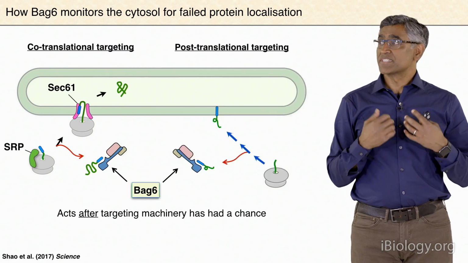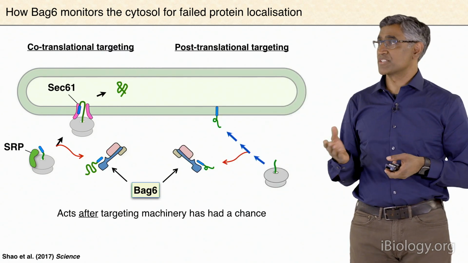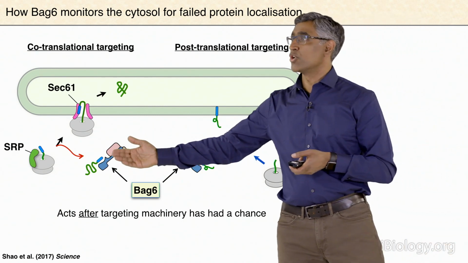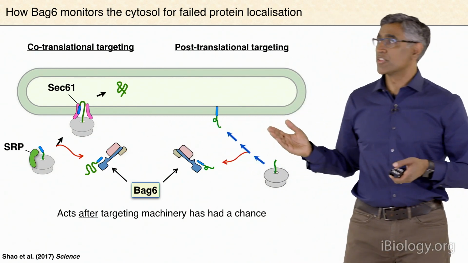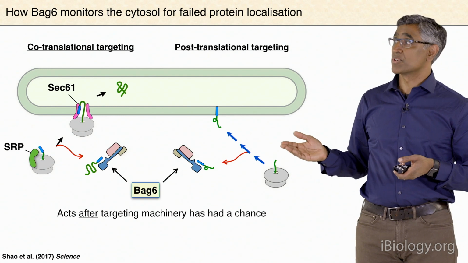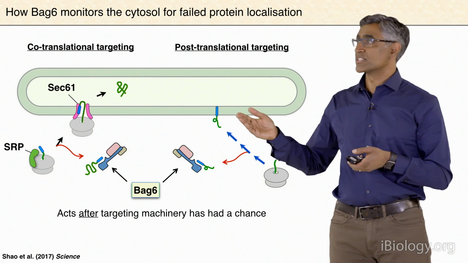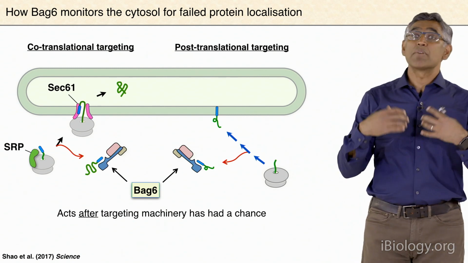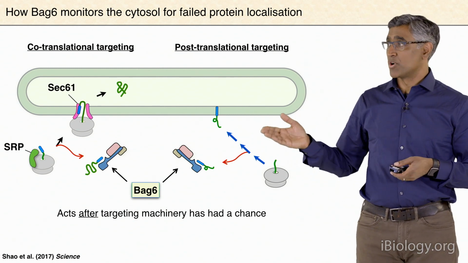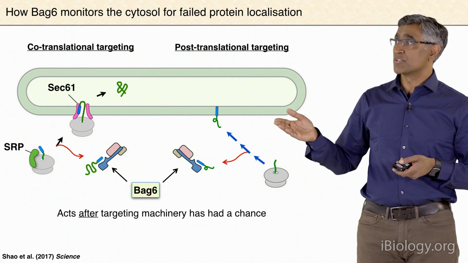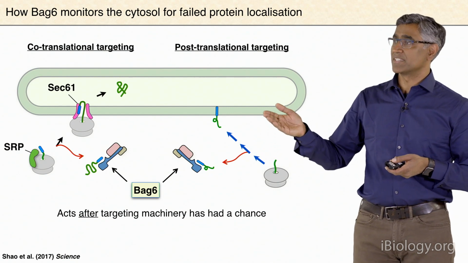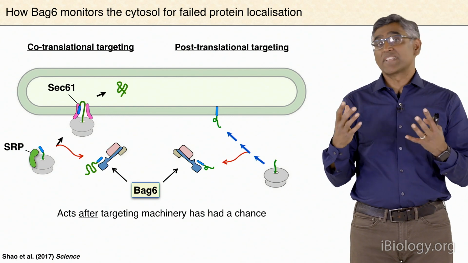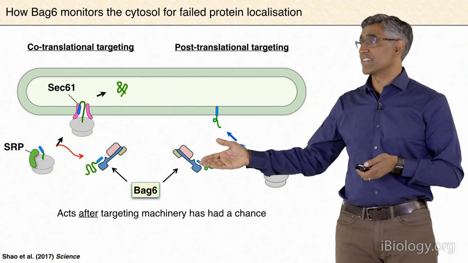Now, the situation isn't quite that simple, because it turns out that in addition to this co-translational pathway, there are other pathways that work after the protein is synthesized, and certain types of proteins, such as tail-anchored membrane proteins, are targeted post-translationally. So I won't go into it, but it turns out that the machinery for targeting these tail-anchored proteins also gets to have priority before BAG6 acts.